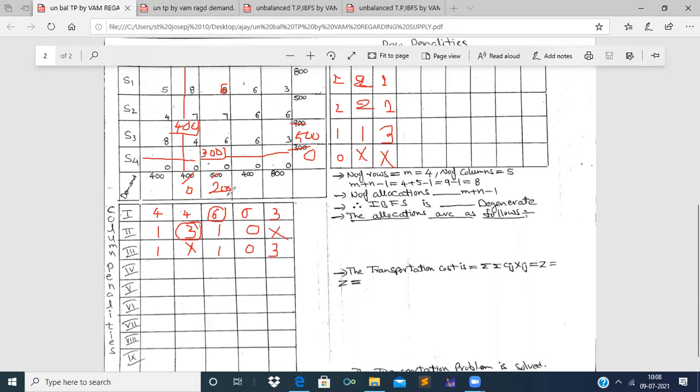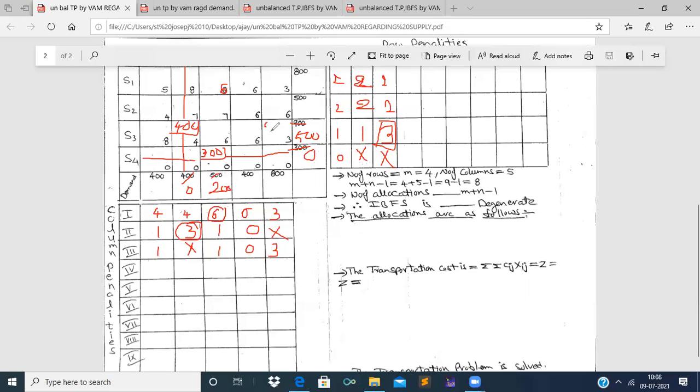Right, now see here, of these row and column penalties, the greatest penalty is 3. Therefore, we put this penalty in a block. We have got 2 3s. We have selected this penalty regarding row penalty, right? And I enter this row and select the least cost cell, that is 3. Corresponding to this 3, demand is 800 and supply is 500.